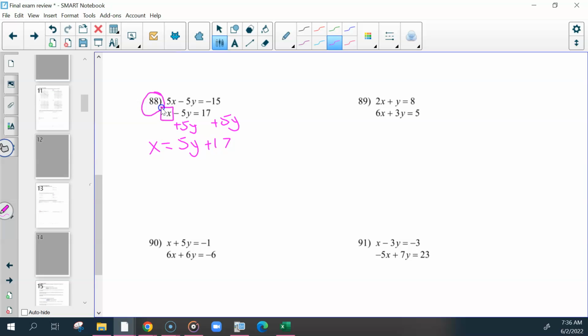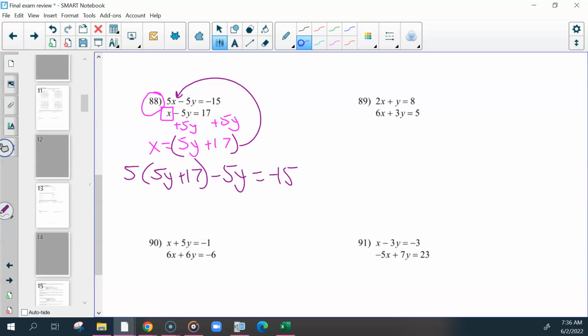Then we're going to take that equation and put it back into the original, where x is. So this would become 5 times (5y plus 17) minus 5y equals negative 15. And then we can start to distribute.